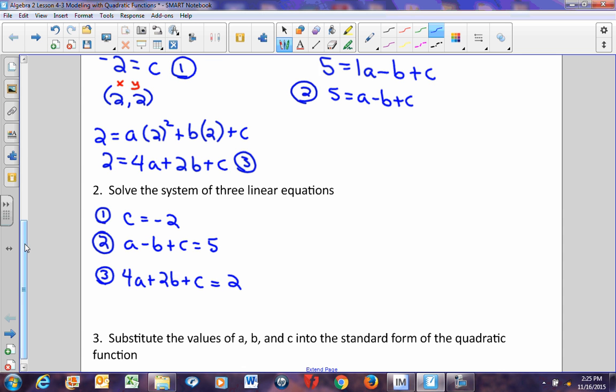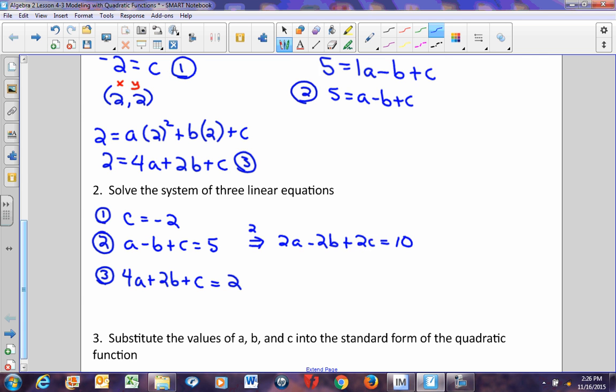Okay, so now I have to solve this system of linear equations. The easiest thing to do would be to solve for either a or b or both, because I don't want to eliminate c, since I already know that c equals -2. So if I took equation number 2 and multiplied it by 2, I will get 2a minus 2b plus 2c equals 10.